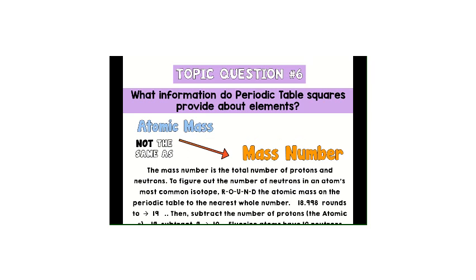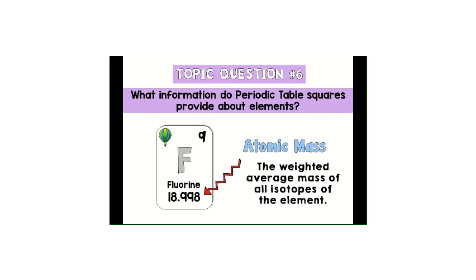So let's look here, okay? Your mass number, basically, I'm going to back up here, is when you take this atomic mass, so 18.998, and you round it to the nearest whole number, right? So here we would round it to 19, okay?